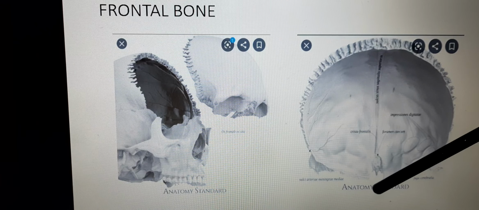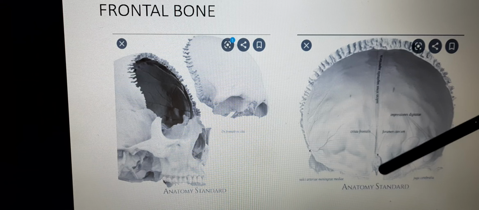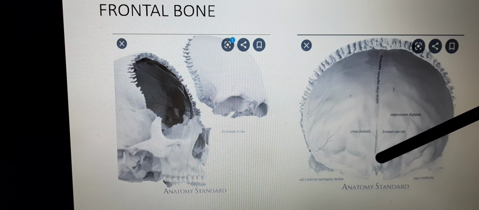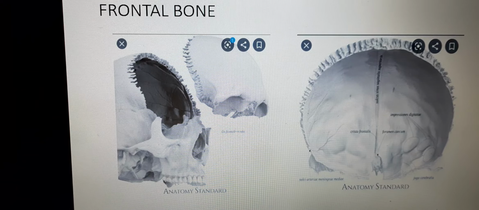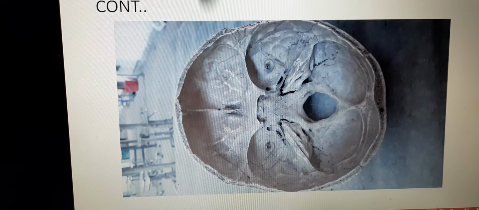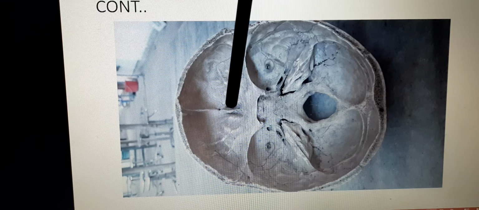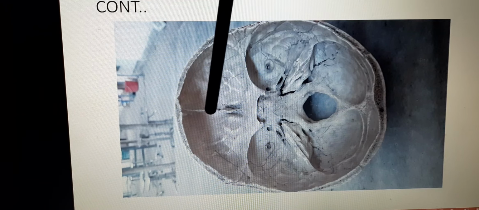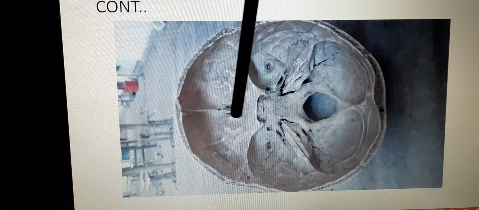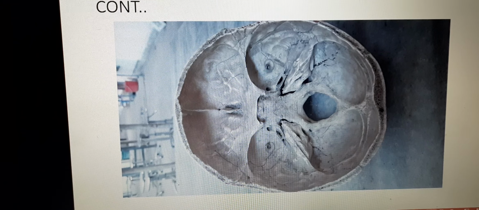When the ethmoid bone articulates within the ethmoidal notch, this notch is converted into the foramen cecum. I will show you. This is the frontal crest, and between the frontal crest and the ethmoid bone, you are seeing a foramen. This is the foramen cecum.